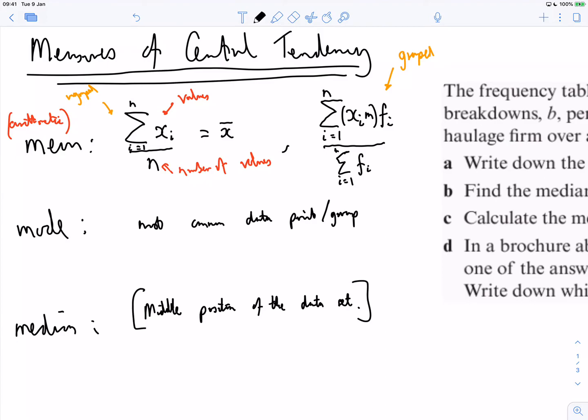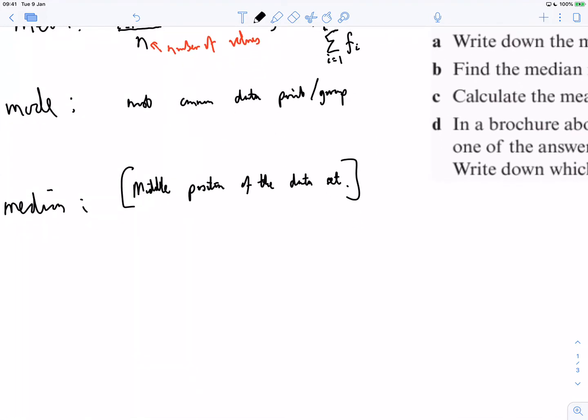That's it. If you have that in mind, you won't go wrong. Now, here's the problem. There's two types of data that change how you calculate this. One is discrete data, and the other is continuous data.